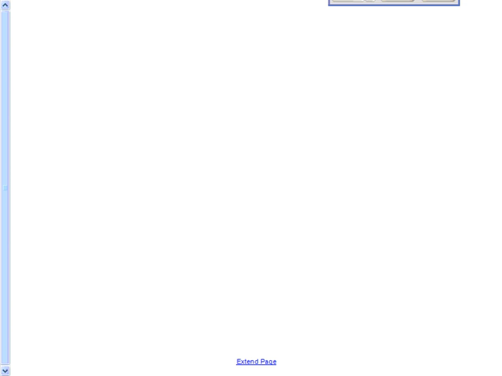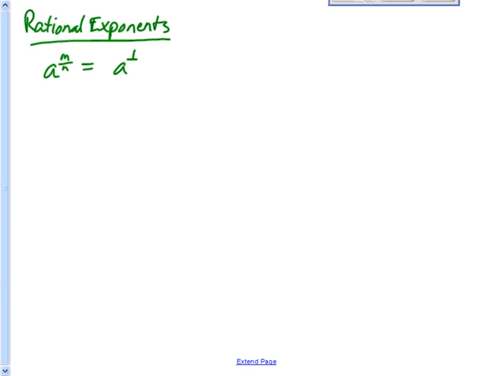All right, let's talk about some rational exponents here. Let me write this up. Rational exponents. So if you have a to the m over n, okay? This is, by definition, the nth root of a to the 1 over n times m.